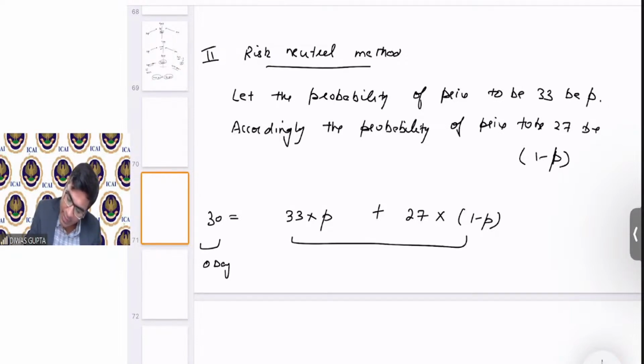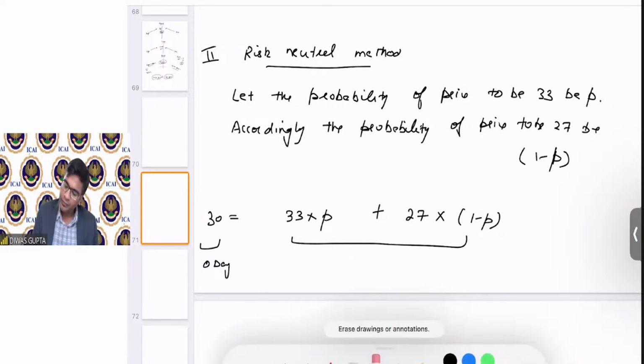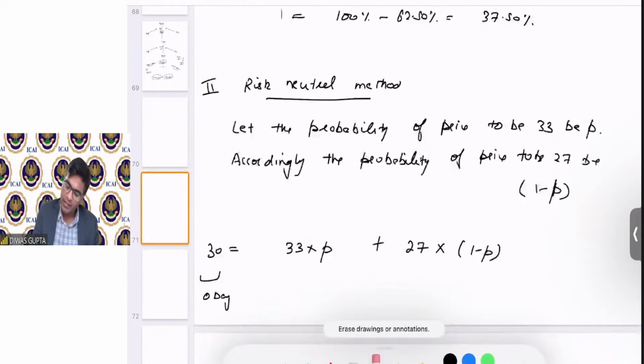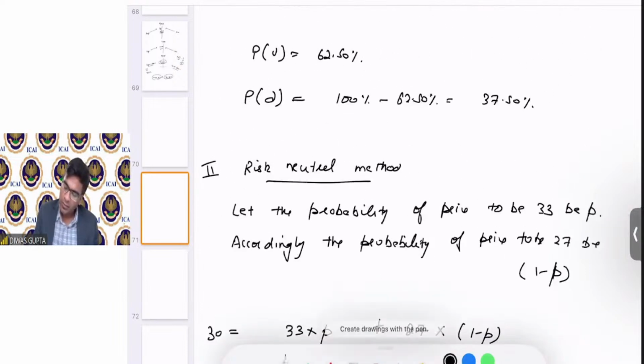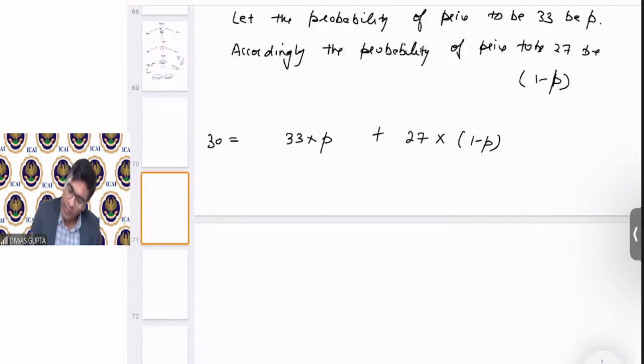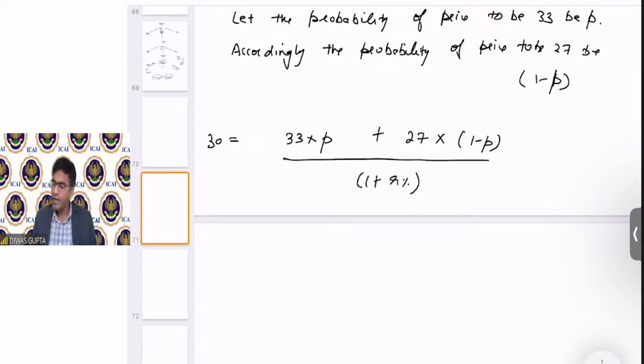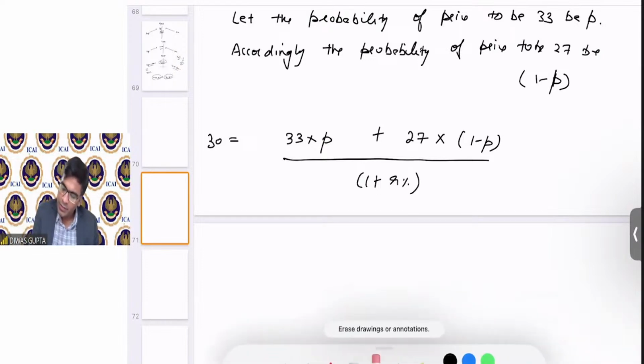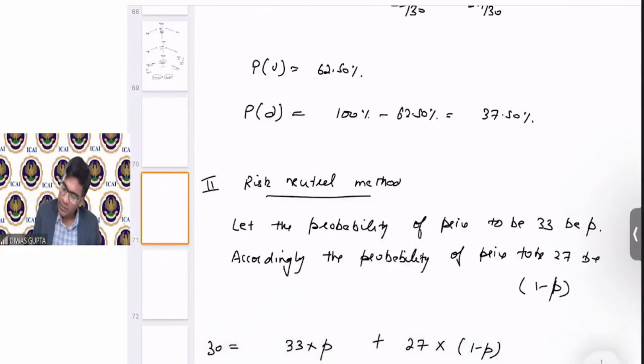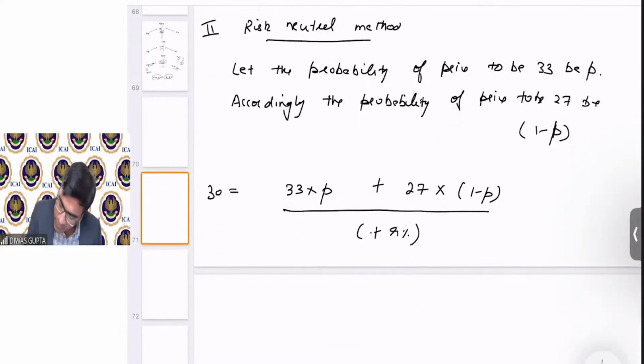This price is as on after 3 months. So what we'll have to do? We'll have to take a present value of this. Correct, students? So taking the present value becomes dividing by 1 plus R percentage. Just a second, students, let me put it correctly. 1 plus R percentage, correct?